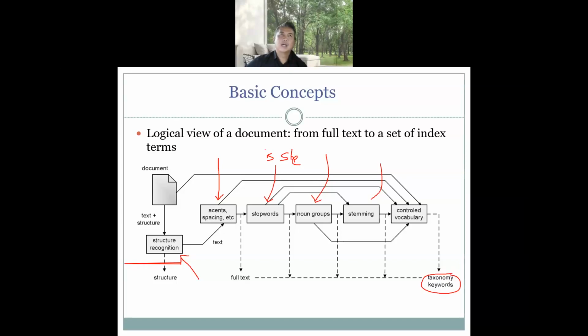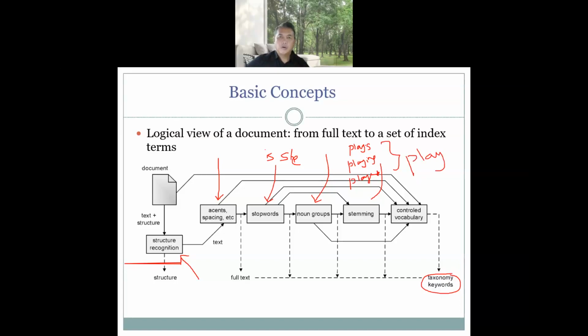Stemming is a process of finding the root of the word, the stem of the word. For example, play, plays, playing, and played. All come from play.